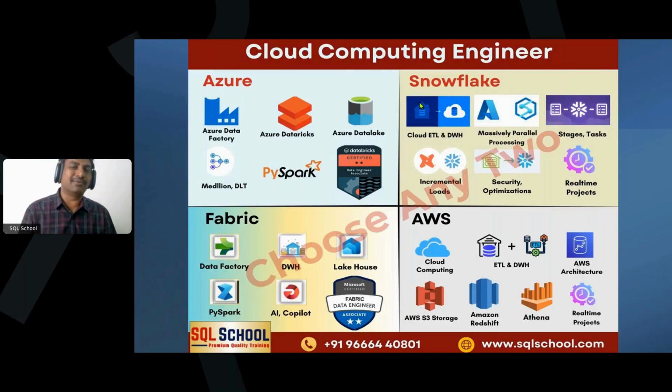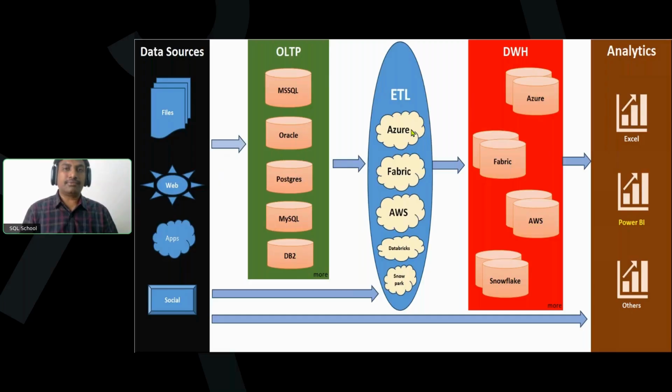Why? Very simple logic. I was mentioning every cloud has their own beauty. For ETL, maybe Azure is best, but warehouse, Fabric is best. Or ETL, Fabric may be best.